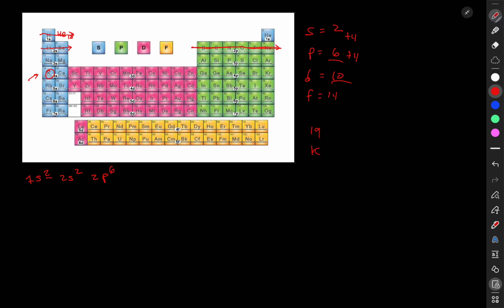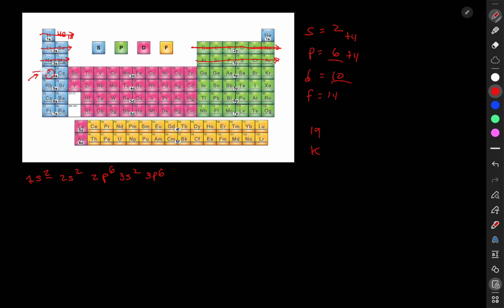And then we keep going from left to right. We crossed out 3s, so it's 3s2. We keep going left to right. We fill out this whole block, so that's 3p6. Since it's all filled up, it's 3p6. That's the maximum we can hold.